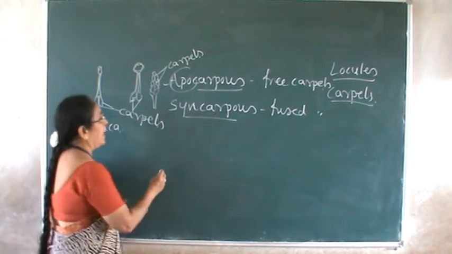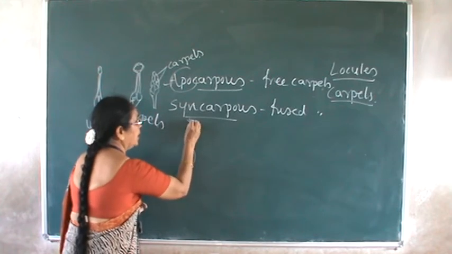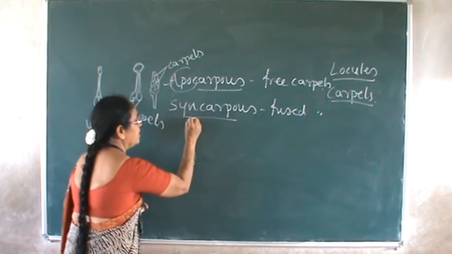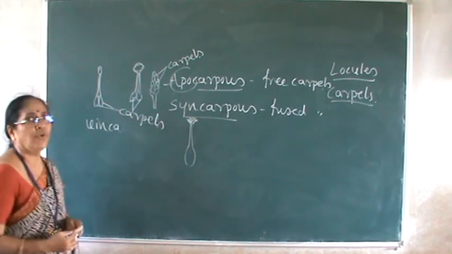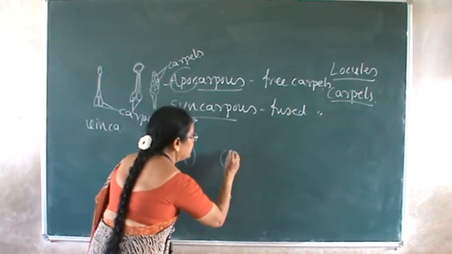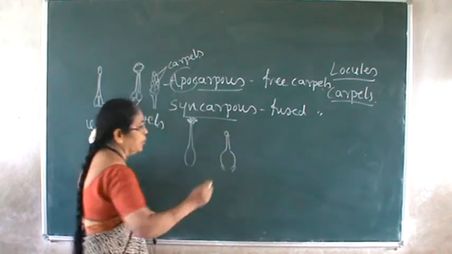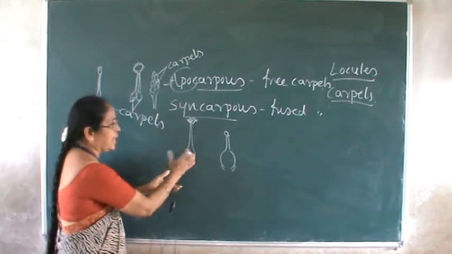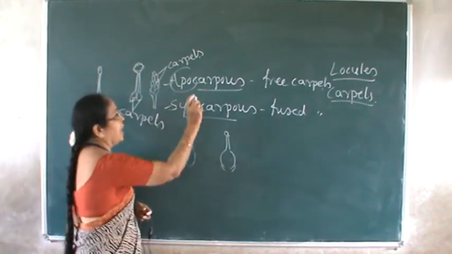Suppose it is syncarpous, for example Hibiscus, you will get this feature like this. This is the syncarpous condition of the ovary. Whereas in the case of Citrus, placed on a disc, you will get the ovary like this. If it appears like one, in that case it is described as syncarpous.